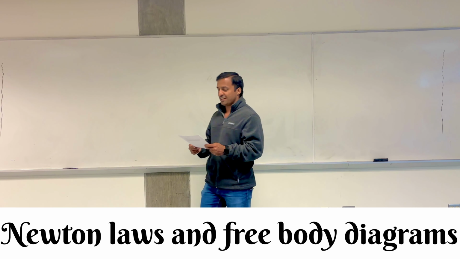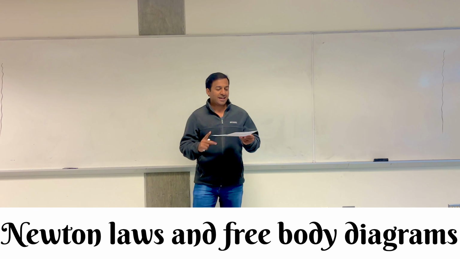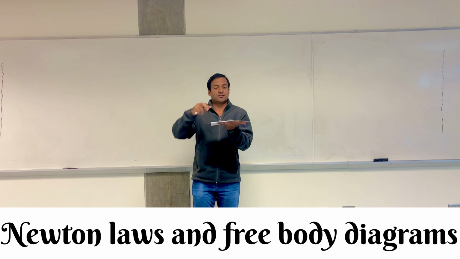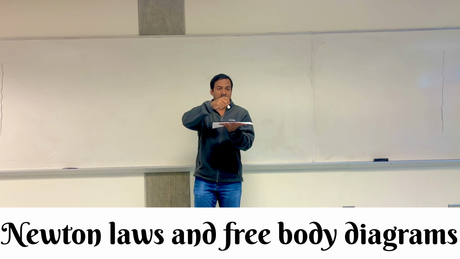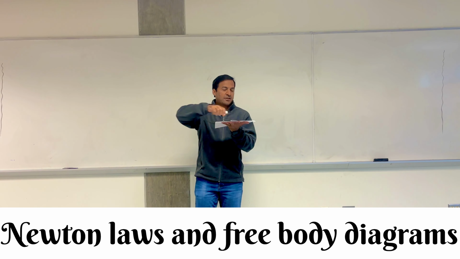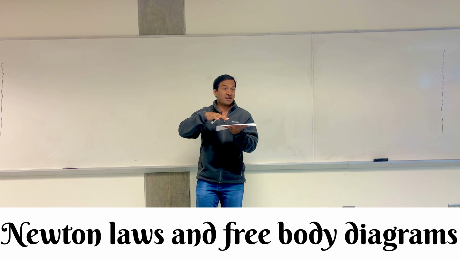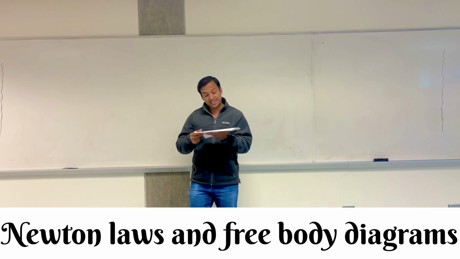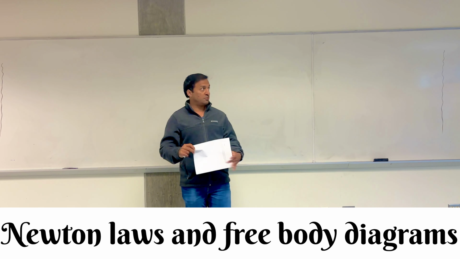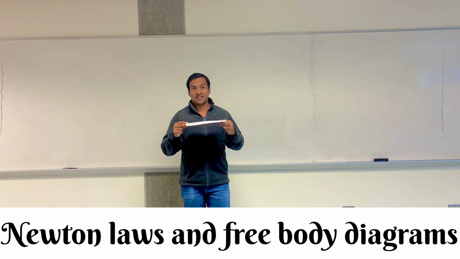You need to understand that this solid patch is a surface like this page, and its orientation is like this. The arrows going up are perpendicular to the surface, and arrows going left and right are parallel to the surface. Since it's a three-dimensional diagram, it's hard to visualize sometimes on the board, so you can visualize it like this.